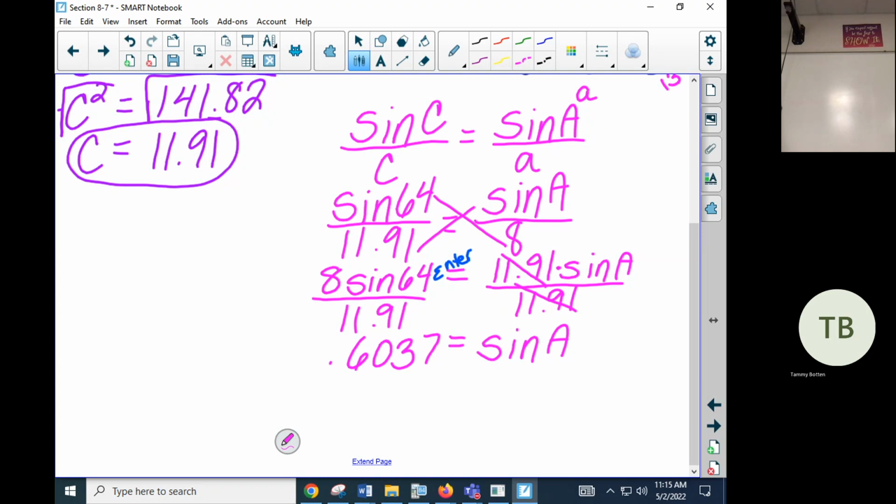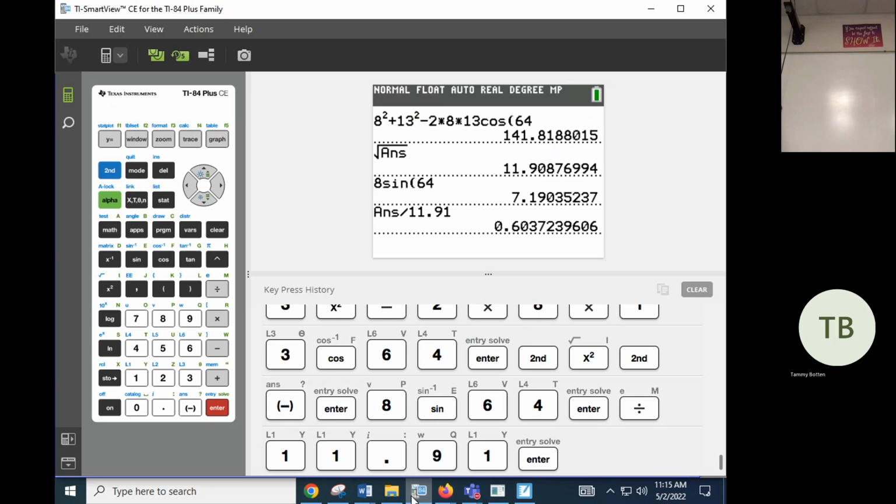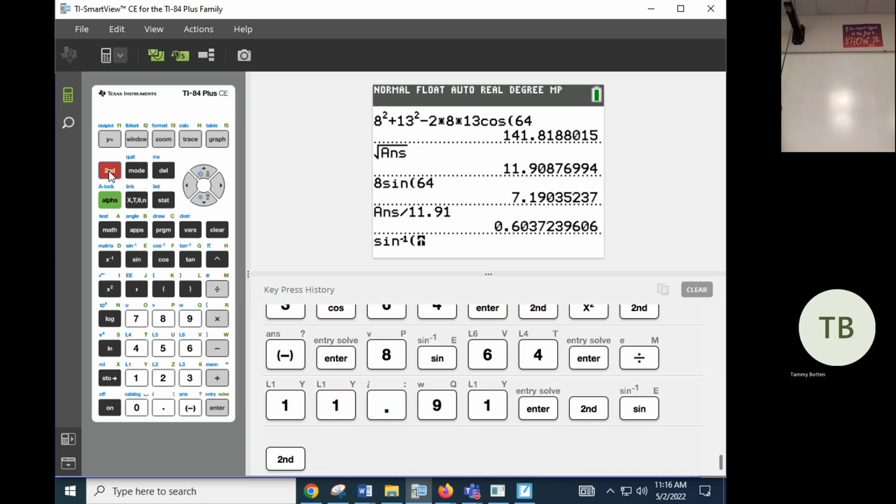Okay, so what we're going to do is we basically have to go second sine of our answer. Now to get, again, the most accurate answer, if we pull this whole thing down, how we do that is we go second answer right there.